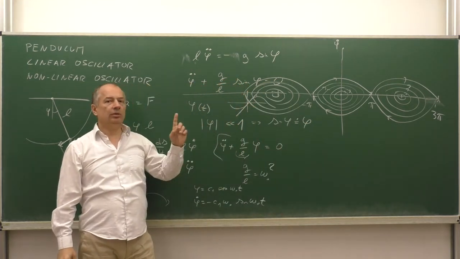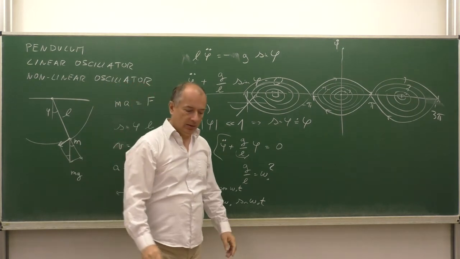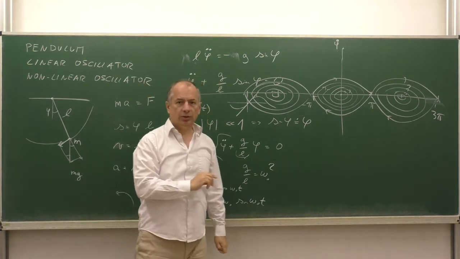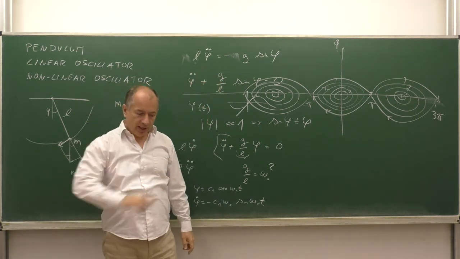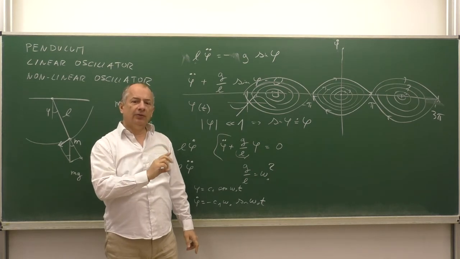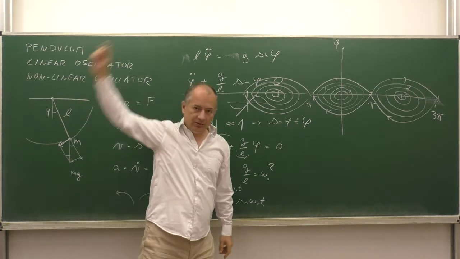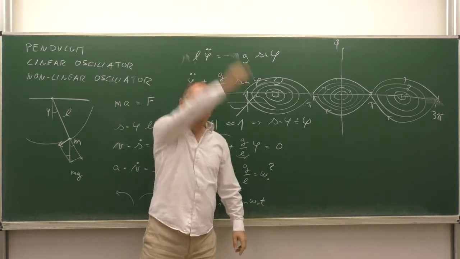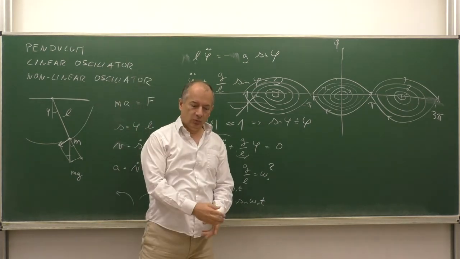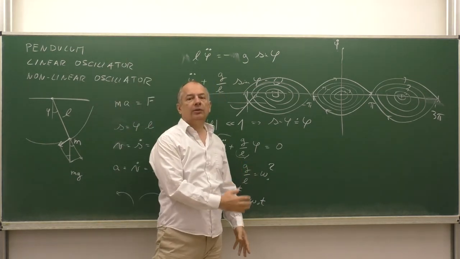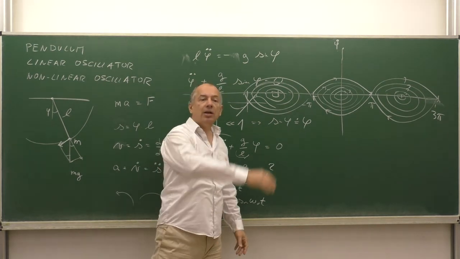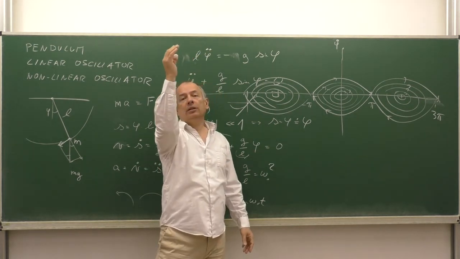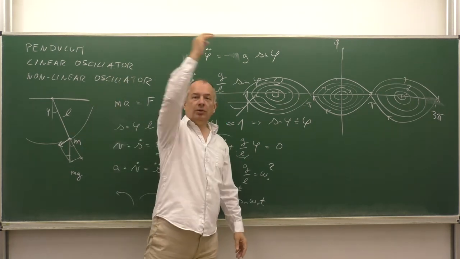But such a pendulum allows another type of motion. If you kick the pendulum fast enough, then it will rotate like that. It moves quickly near the bottom point and slowly near the upper point, but it goes this way.